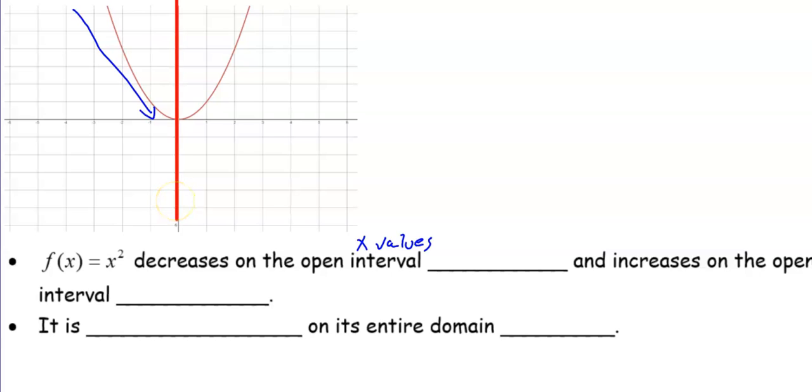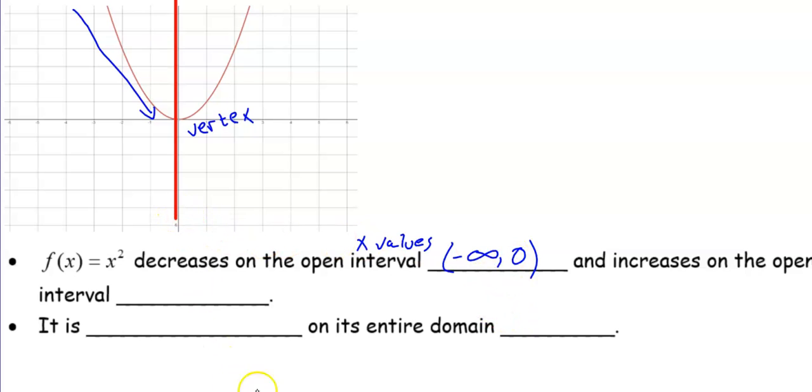It hits right there. That is the vertex of this graph. And the vertex is where it turns around. So we were decreasing on the interval from negative infinity to 0.